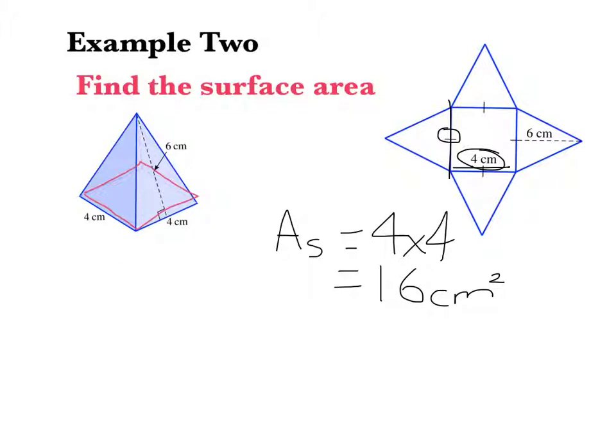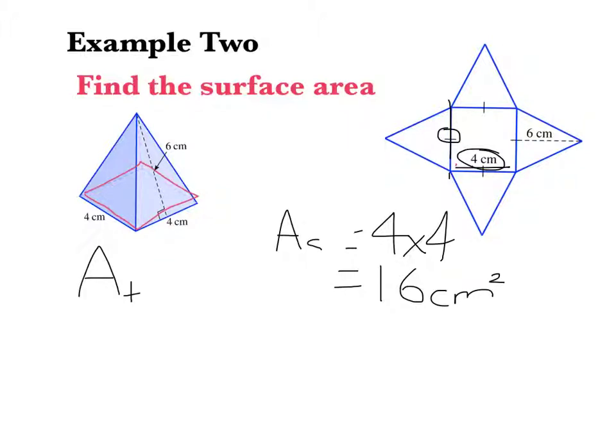That's the square. The area of each of the triangles, see how I'm putting these little letters here, the T and the S? The S represents the square, the T represents the triangles. The area of one of those triangles is worked out with the formula for a triangle.